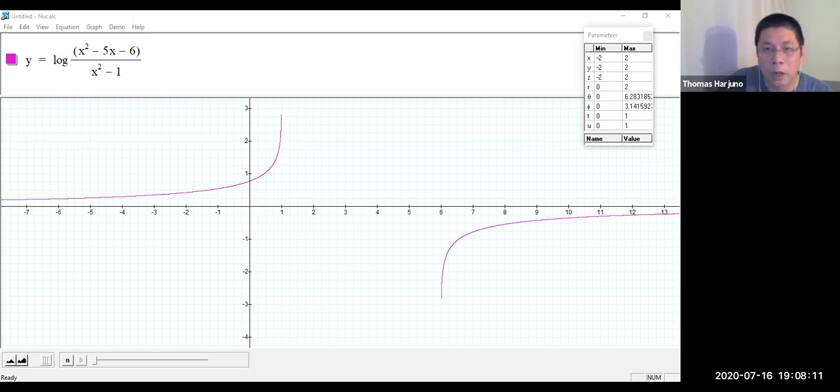And if you compare with the domain, you see that we are actually missing between 1 to 6. We are missing. But that hole is so small though, we don't really see that here.